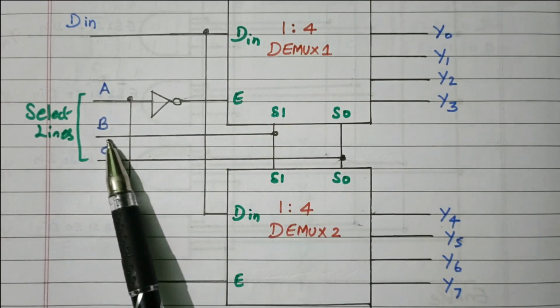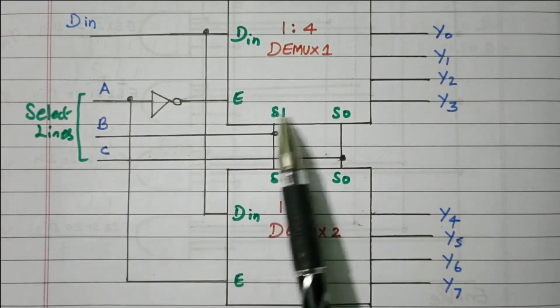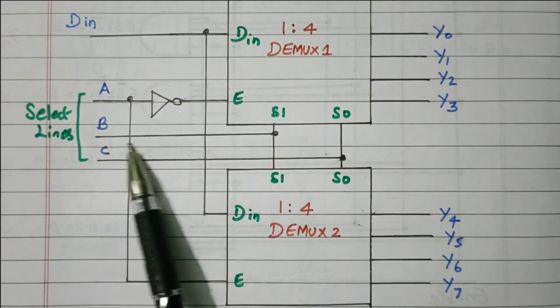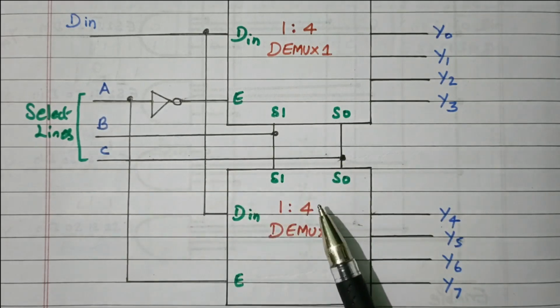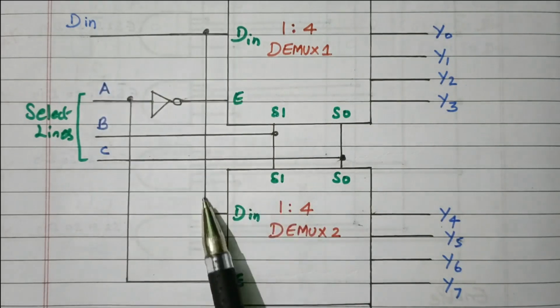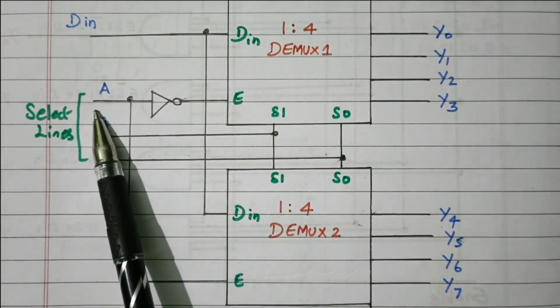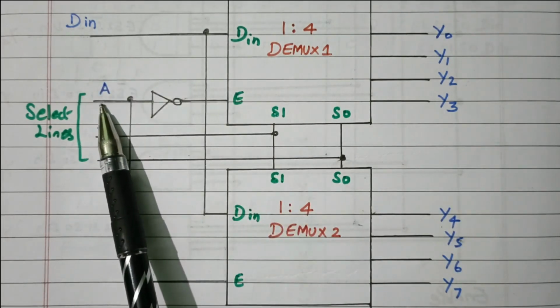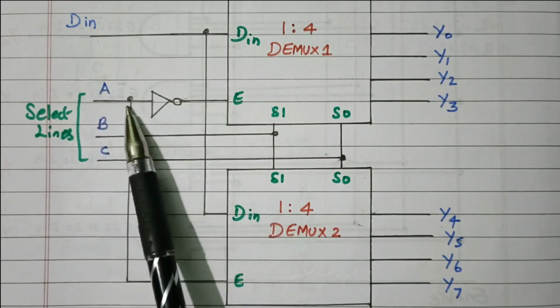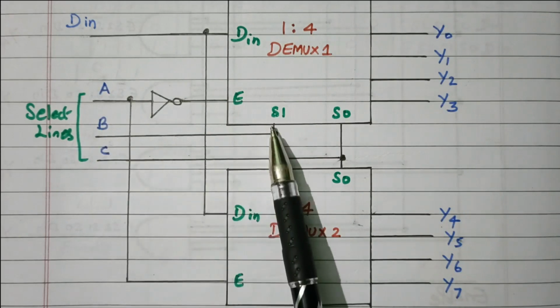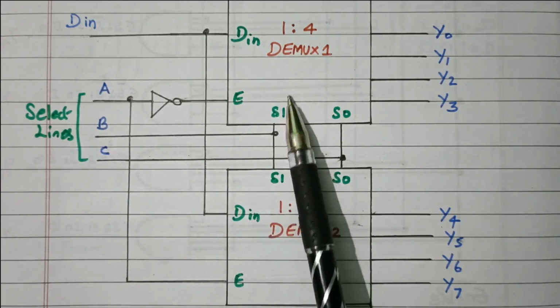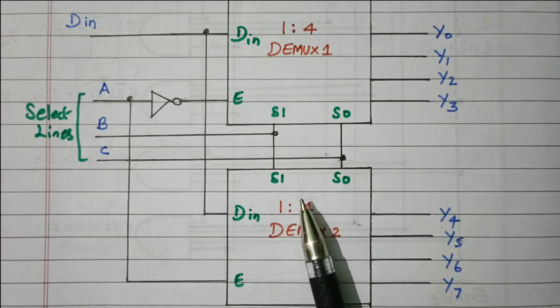B and C are connected as the selection lines for the 1:4 demux. B is connected as S1, C is connected as S0, right? So the input is given to both the demuxes. The most significant signal A is used for enabling the demux. B and C are used as the selection lines of both demux 1 and 2, right?